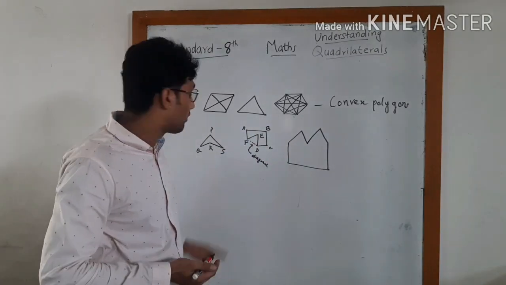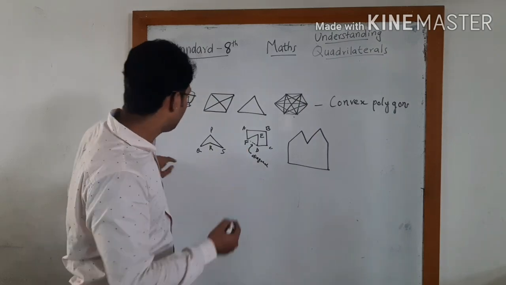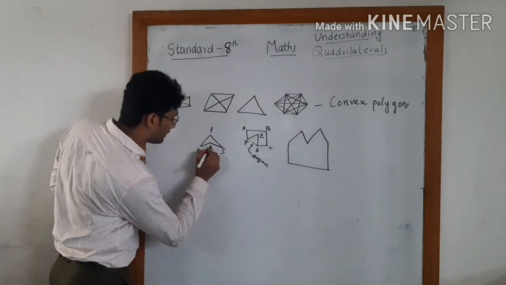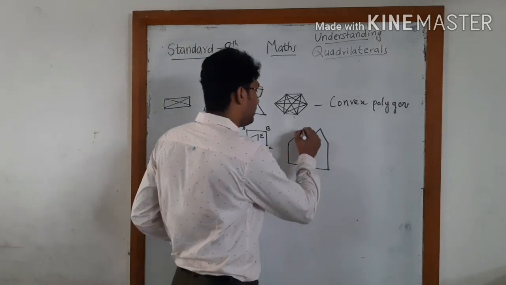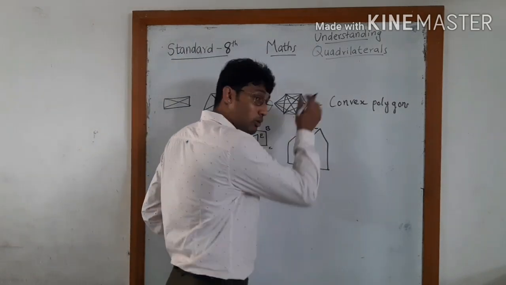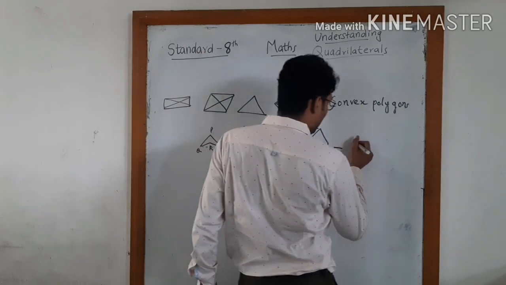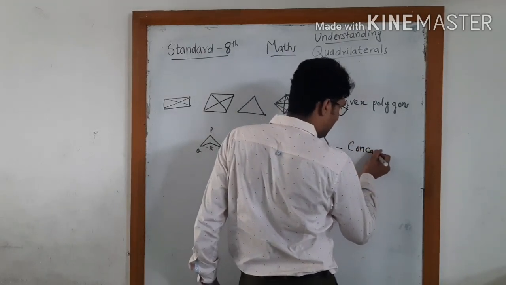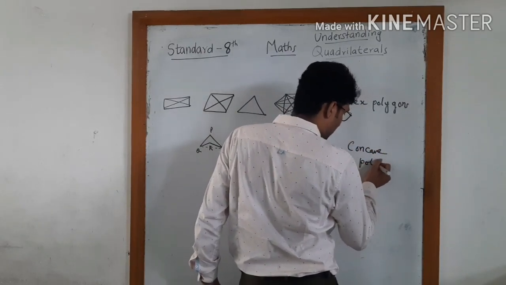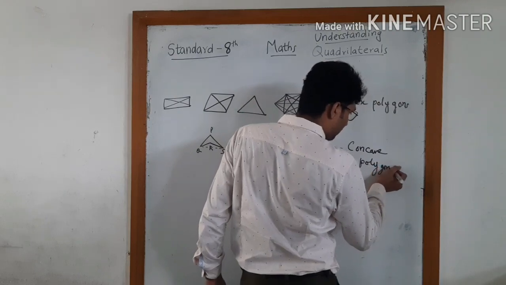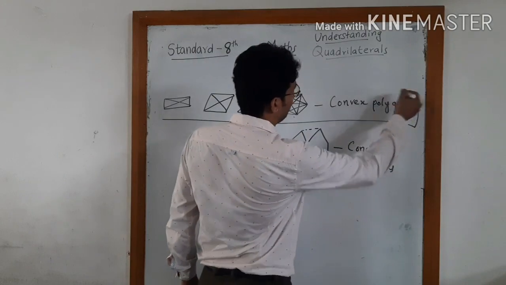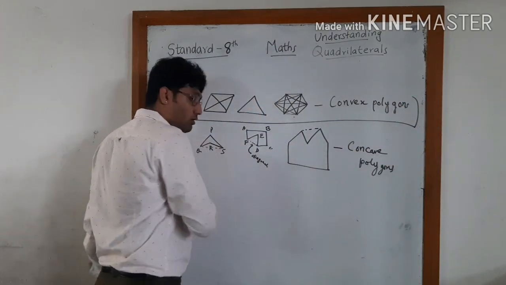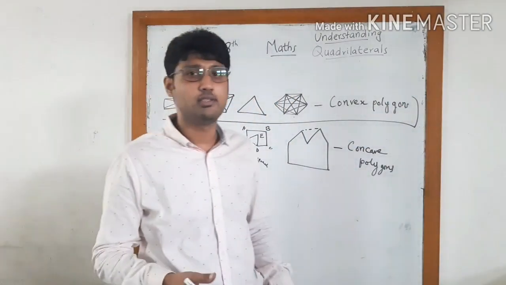No, they are outside the curve. Similarly here also QS is outside. Such polygons are called concave polygons. We will be talking about only convex polygons. Concave polygons are not in our syllabus.